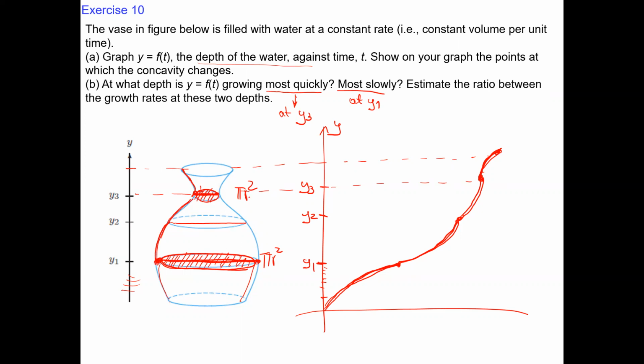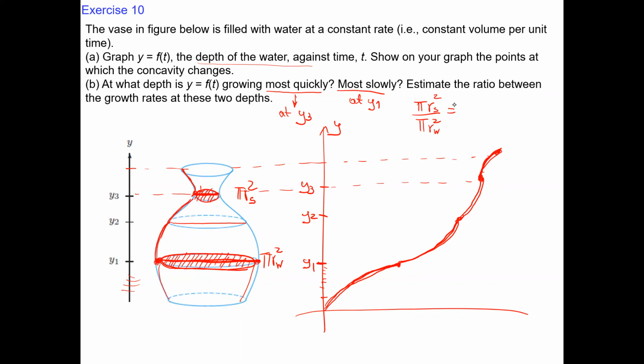When we take this one as 1 and this one, let's say 3, this will correspond to the skinniest and the widest. Then I will take the ratio, because they want us to find the ratio, one area divided by the other, the skinniest and the widest.